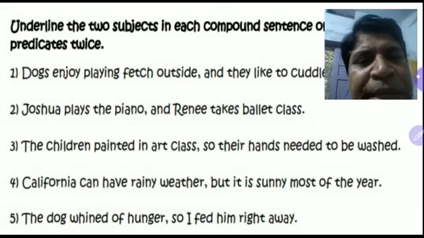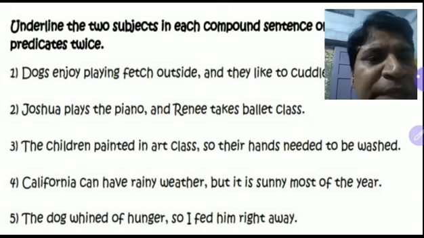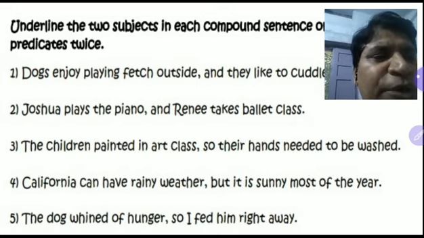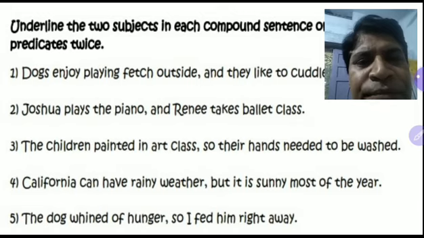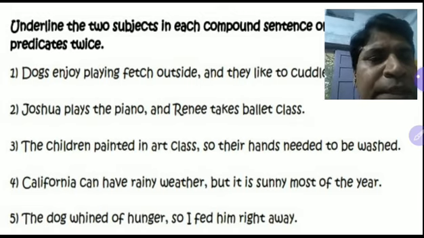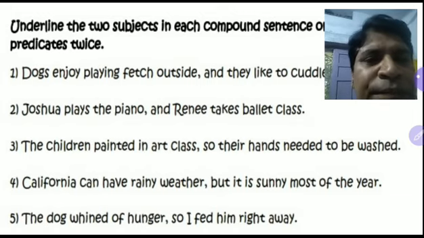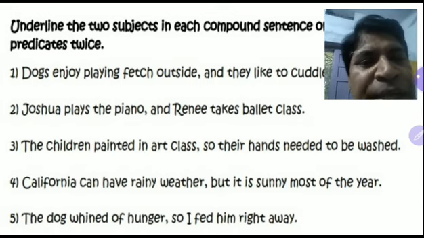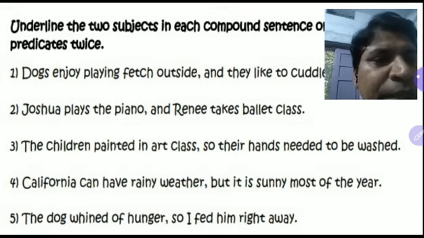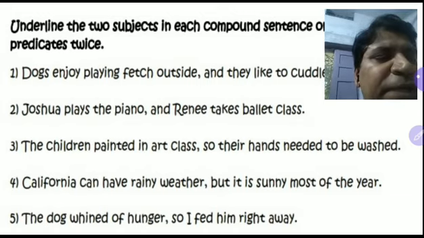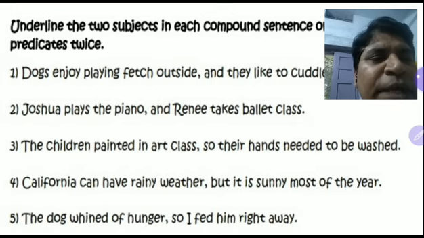Now next number. California can have rainy weather, but it is sunny most of the year. Here you have to underline California and it. And then the predicates, can have rainy weather and is sunny most of the year. You have to underline these two parts twice.